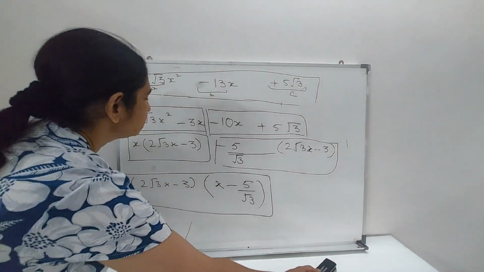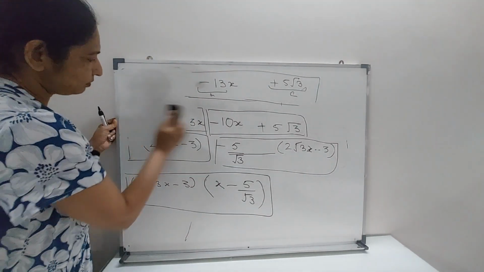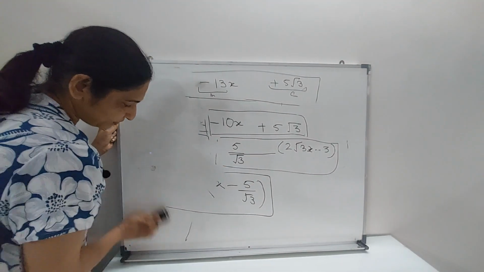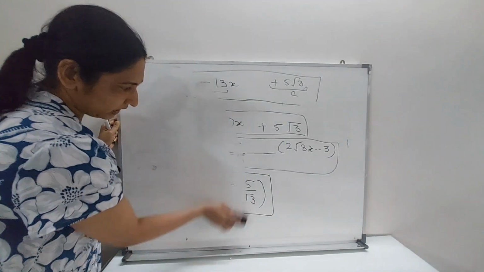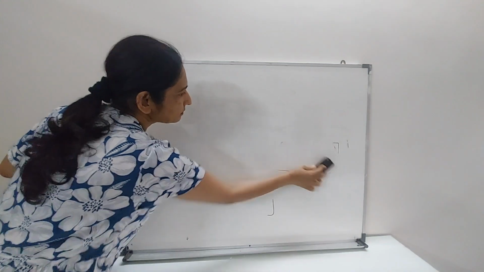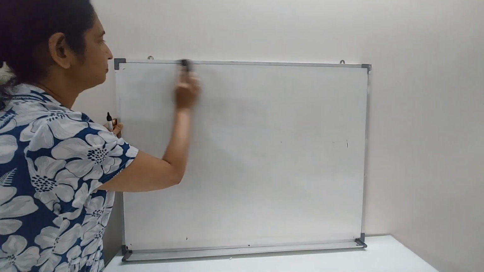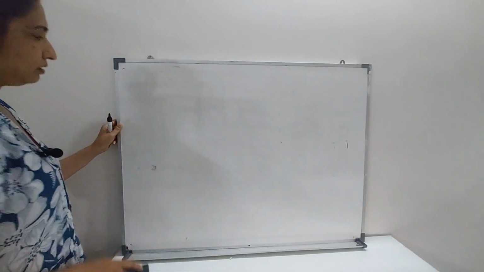Alright, let's take one more question where the A coefficient and C coefficient are root numbers, irrational numbers. Okay, what should we take?